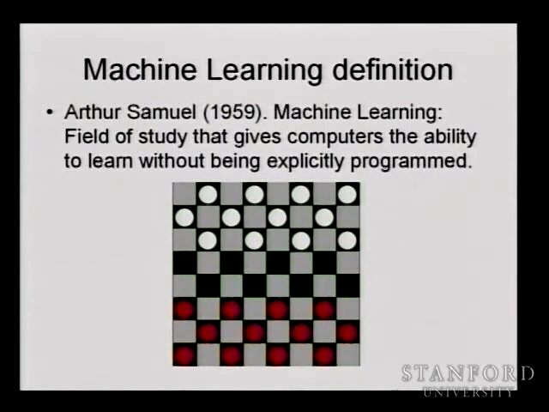Because a computer can play thousands of games against itself relatively quickly, his program played thousands of games, and over time it would start to learn to recognize patterns which led to wins and patterns which led to losses.